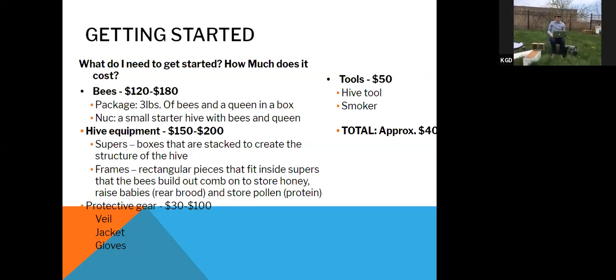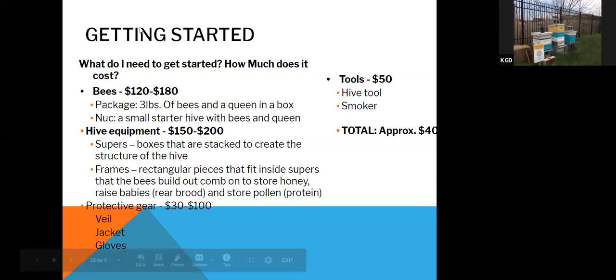And then for hive equipment, if you look over at the stacks of equipment over there, usually you can get a kit that is 5 of the smaller boxes high with a bottom and a top, for right around 150 bucks, give or take.